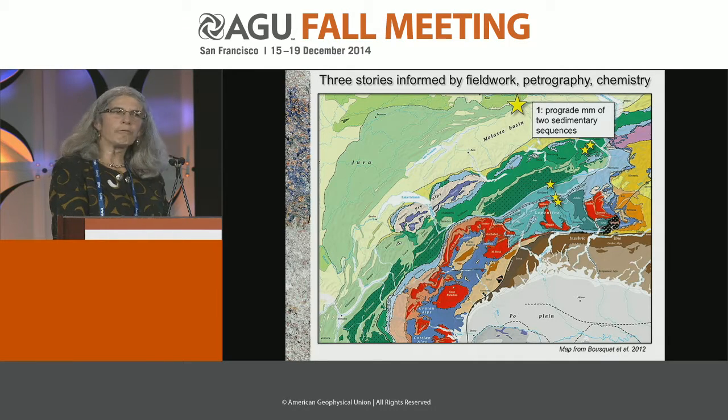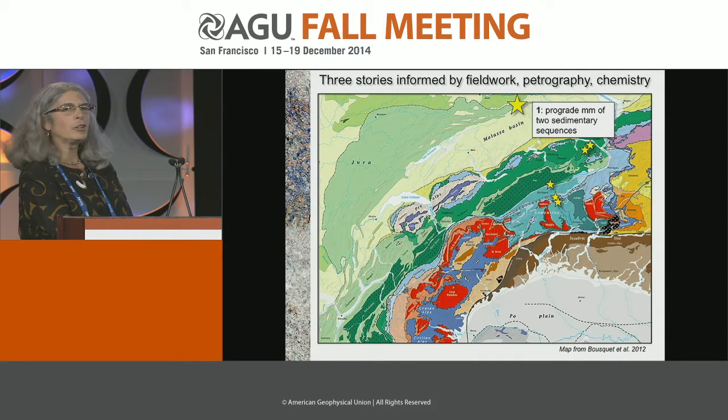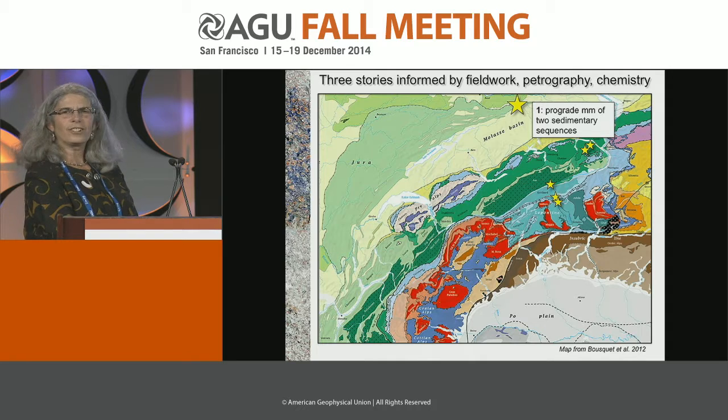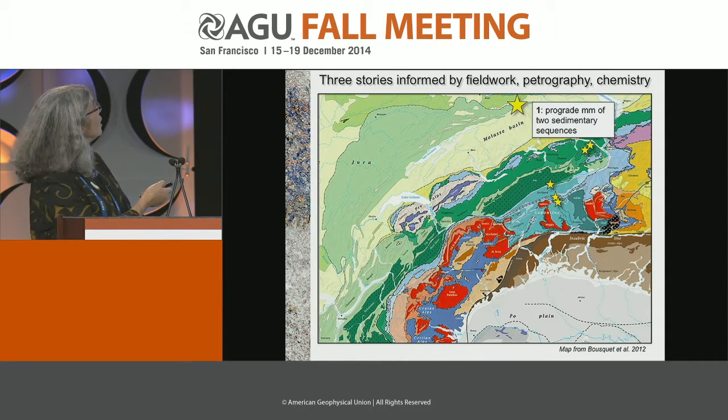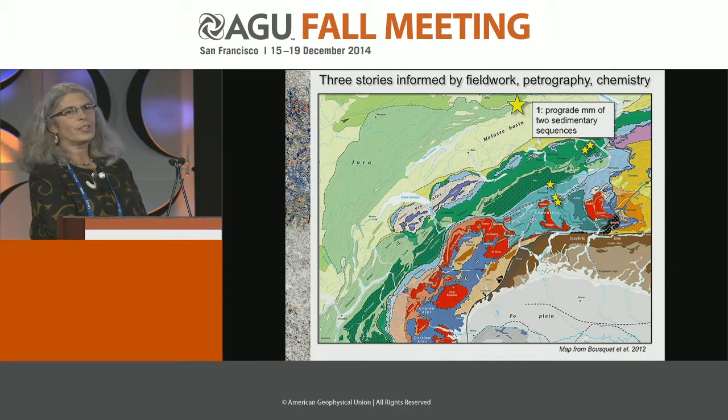Okay, so I'm going to walk you through three stories. And the first one that I'm going to spend the most time on actually doesn't have anything to do with subduction, but it is a chance for us to ground truth our assumptions and the theoretical predictions about the behavior of chlorine stable isotopes during prograde metamorphism. So we're going to start out looking at two sequences of rocks, Triassic continental sedimentary rocks and Jurassic marine rocks.